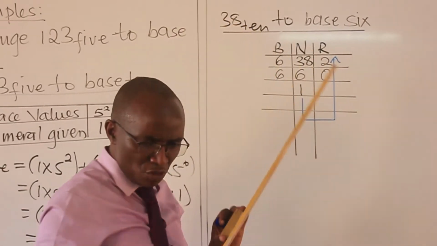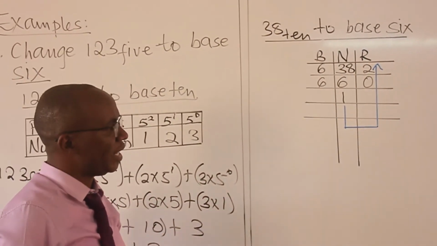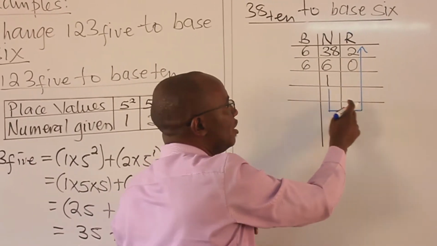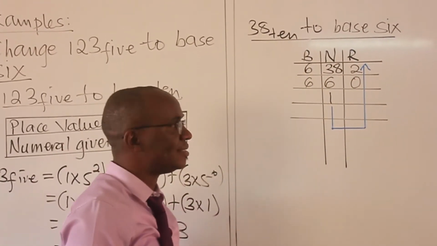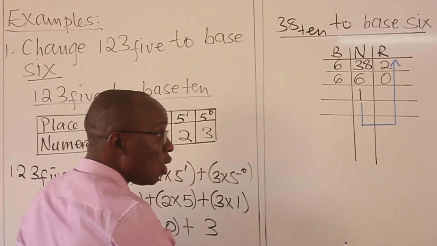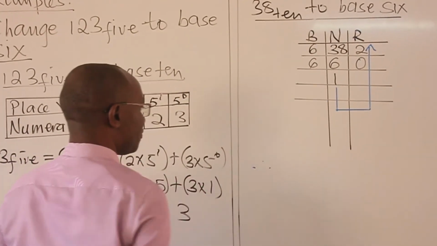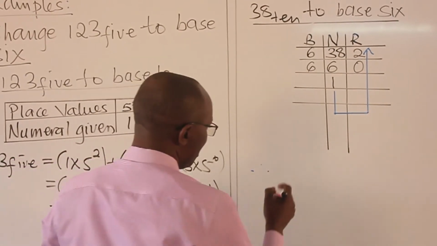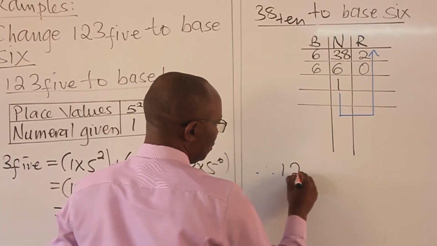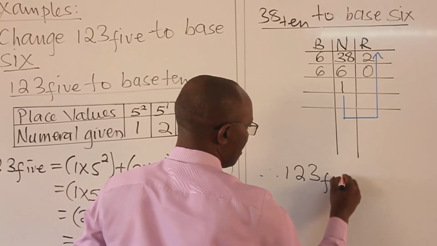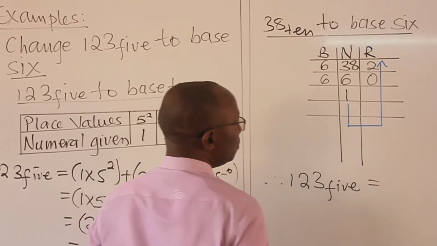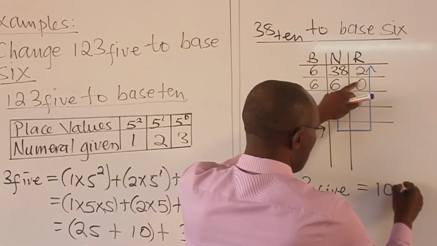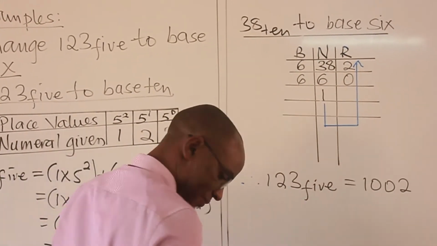So why do I draw this line? Some of you tend to forget. When you are recording, please, you start from your last digit here, then you move up to record your final answer. So now we conclude and say, therefore, 123 base 5 is equal to 1, 0, 2, sorry.